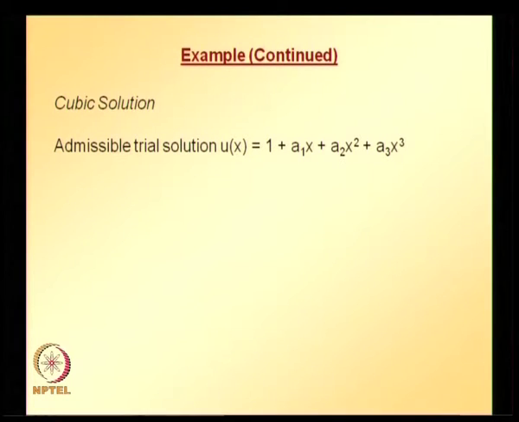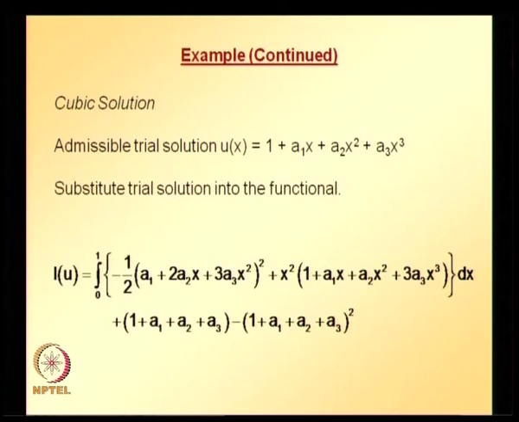So now let us solve the same problem using a cubic trial solution. The cubic trial solution is a0 plus a1x plus a2x square plus a3x cube, and substituting the essential boundary condition into it, you get the admissible trial solution, which is 1 plus a1x plus a2x square plus a3x cube. Now you substitute this admissible trial solution into the equivalent functional.